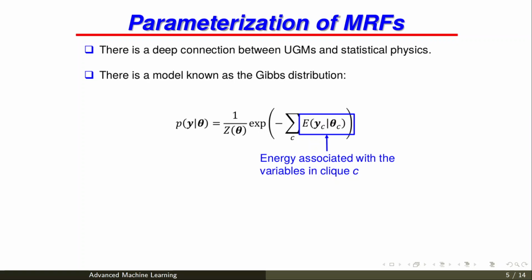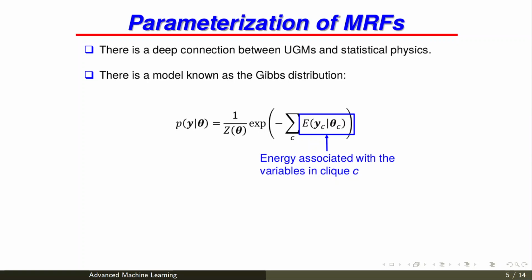So here we get the Gibbs distribution for the energy of the system. So this is the potentials defined over each clique. So the potential defined over a clique is the same as the energy associated with the variables in a clique.